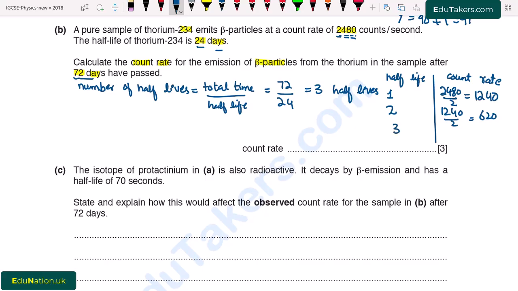And after the third half-life, half of 620 remains, so it will be 310. It means that when 3 half-lives pass, there will be a count rate of 310 counts per second.